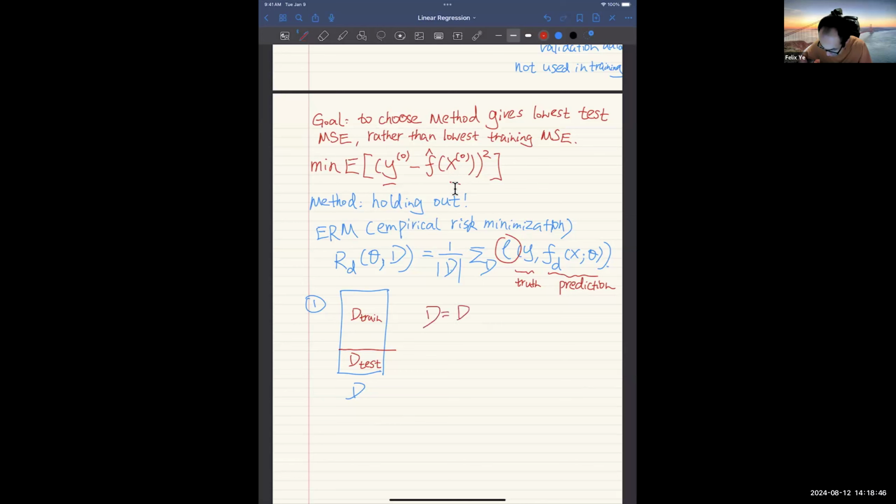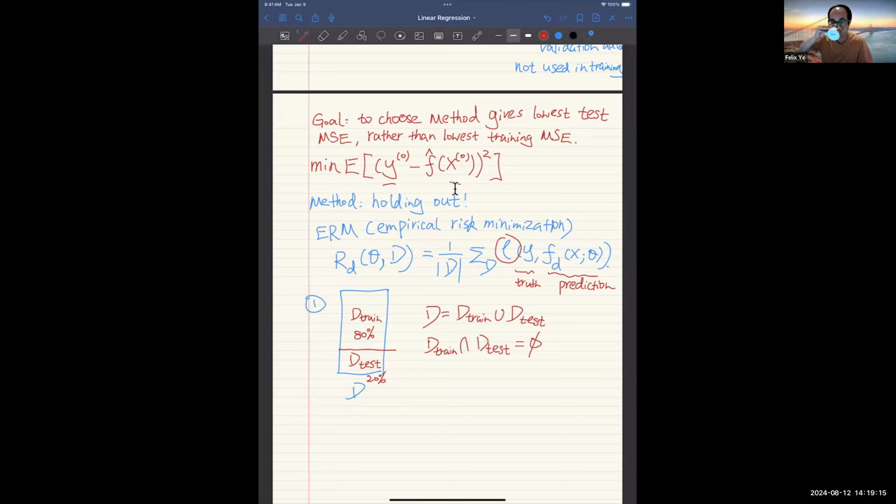That means my D is actually D train union D test. And I also want to emphasize that D train intersected with D test is precisely an empty set. Usually this will be 80%, and this will be 20%. Okay.